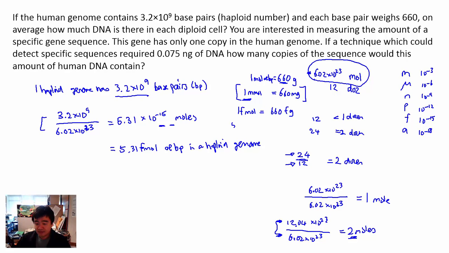Therefore, 5.31 femtomoles is equal to 3,504.6 femtograms. Okay, so this number of moles, 5.31 femtomoles of base pairs, is equivalent to 3,504.6 femtograms.